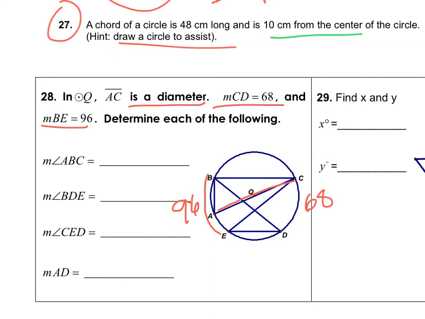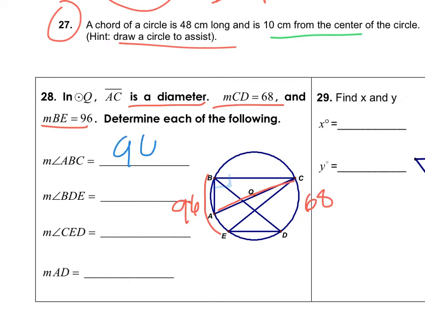So one of the angles they ask you to find is angle ABC. And with that angle, we should be using the fact that we see an inscribed angle there, which is the semicircle, and because you have a diameter, that means that's 90.